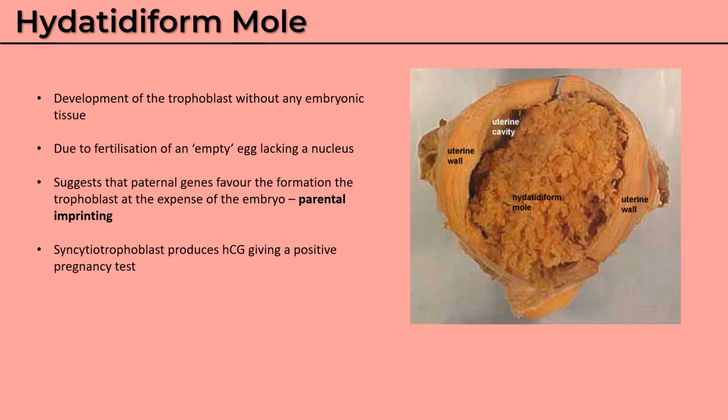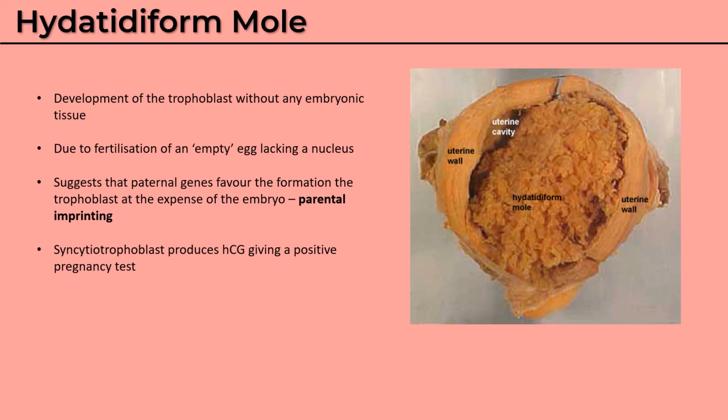And what has happened is the oocyte didn't actually contain a nucleus, and so fertilization of an empty cell has formed the outer, the extra-embryonic cells. So these are the trophoblasts, but it hasn't formed an embryo itself. And this is what suggests that paternal genes favour the formation of these trophoblast cells.